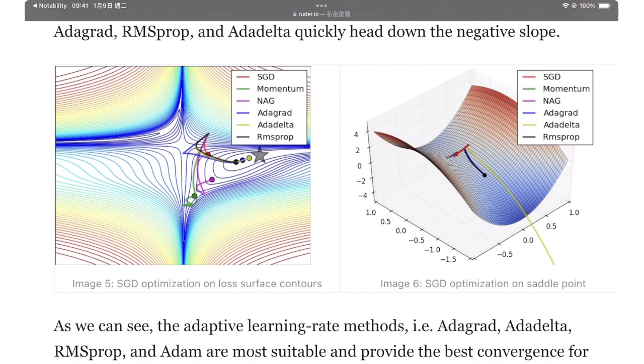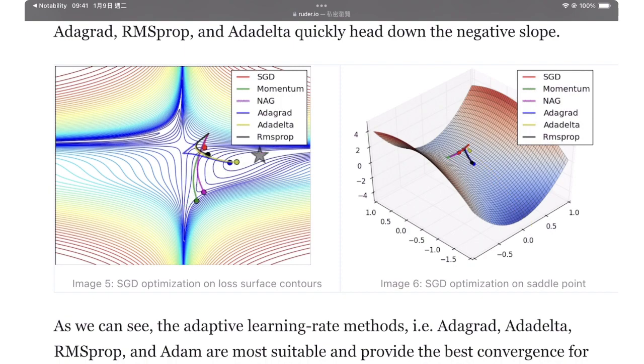But as you can see, after it climbs, take a look at the green one, from the mountain to the other mountain, it goes back to the basin, right? It eventually goes back because the momentum stops at the other side right here and goes back to the basin.